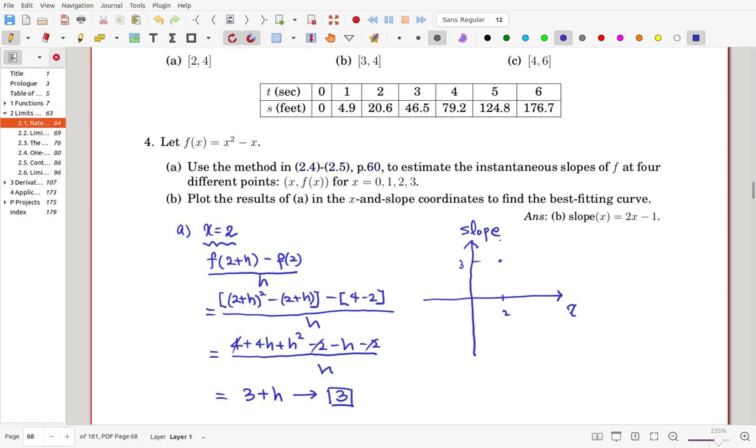In this way, if you put 4 points here, then you'll see the pattern, and then try to express the pattern in an equation. That's the answer for part B.